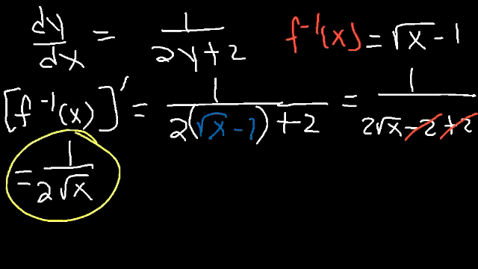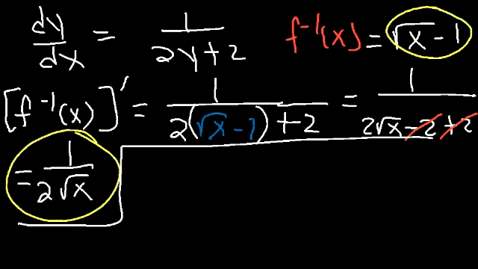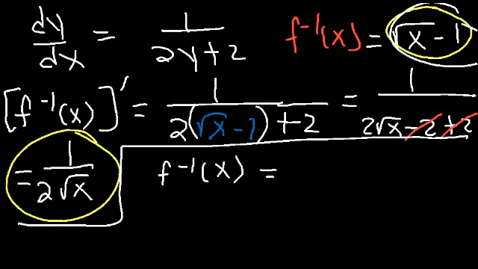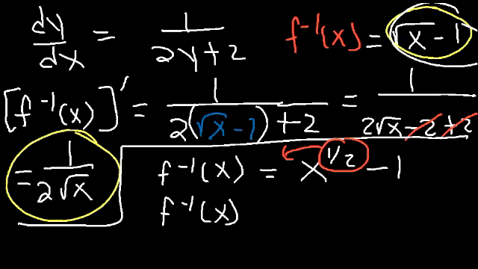Now let's confirm this answer using this equation. So what is the derivative of the square root of x minus 1? The first thing I would do is rewrite it. Radical x is the same as x to the 1/2. So let's use the power rule. Let's move the 1/2 to the front. So the derivative of the inverse function, this is the third technique, is 1/2 x to the minus 1/2.